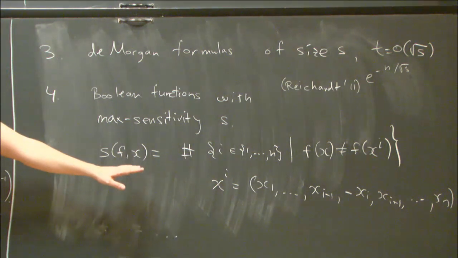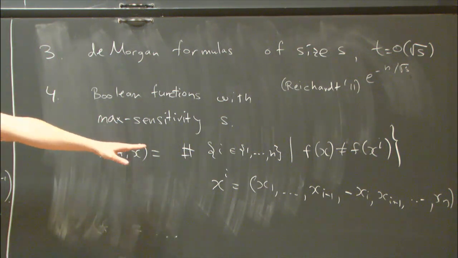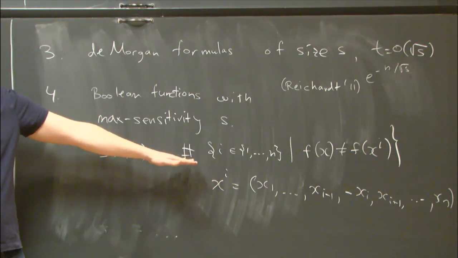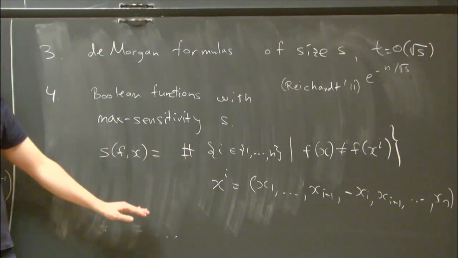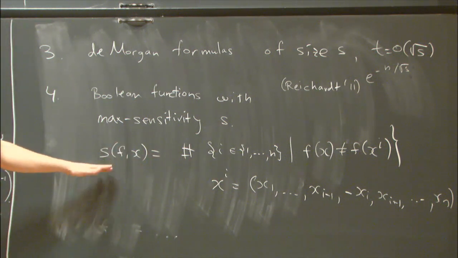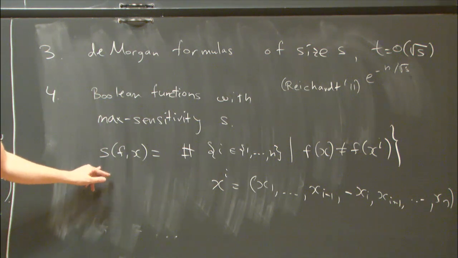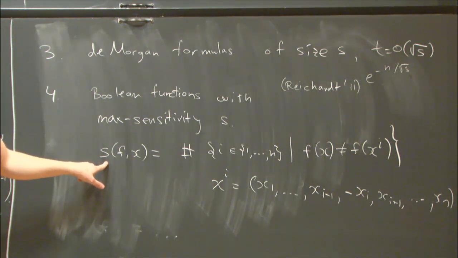This is the same as summing over all the derivatives squared. And so the average sensitivity is the total influence, but here we are talking about the maximum sensitivity.